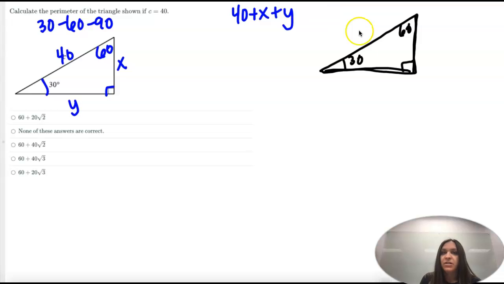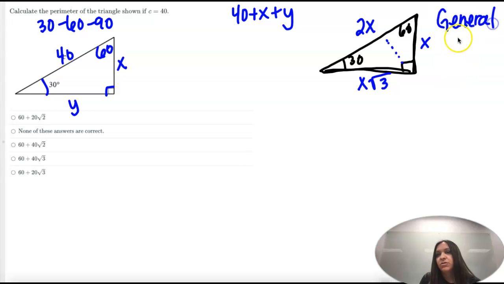So we call this the short side is some value, and then the hypotenuse is double that value. So whatever this is, we're going to times it by 2. And then the long leg is that value times the square root of 3. So this is what we would call our general triangle because it has just x's and values.